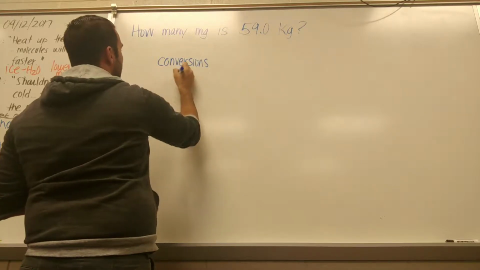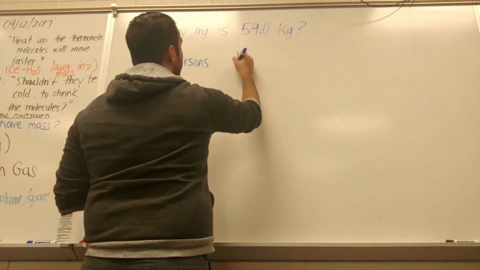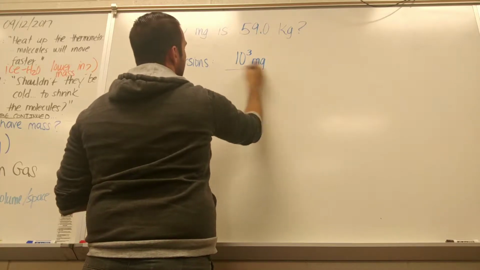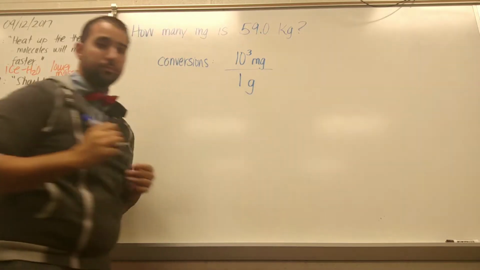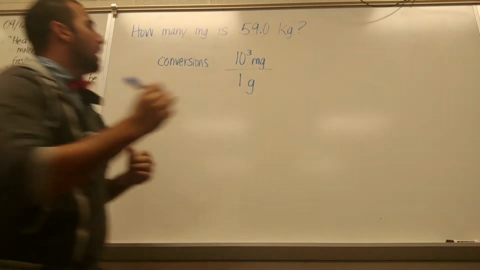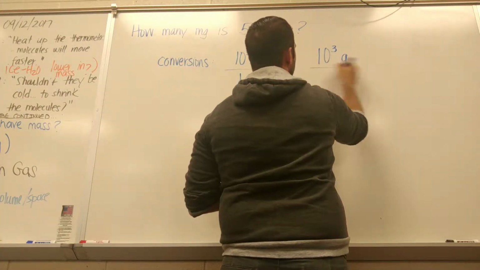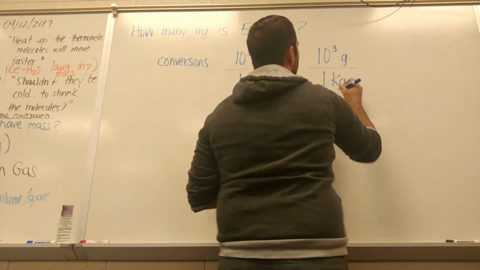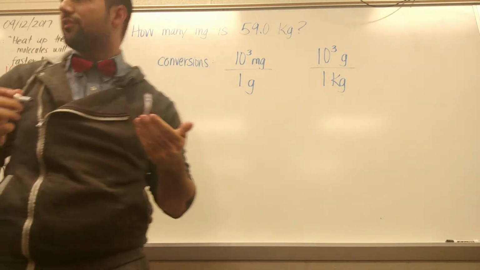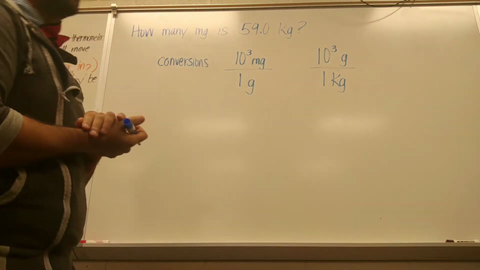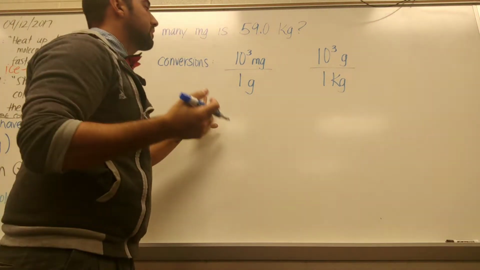I know that there's 10 to the third milligrams in 1 gram. And I also know that there's 10 to the third grams in 1 kilogram. I'm looking up my common conversion factors handout, and I'm going to use this somewhere.